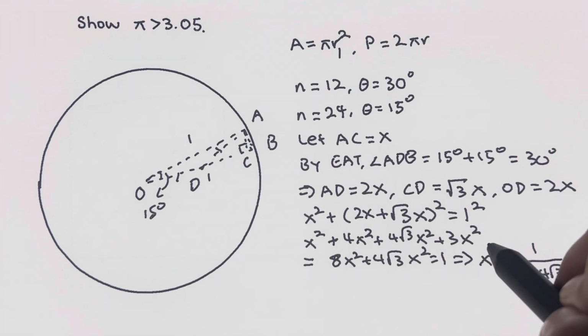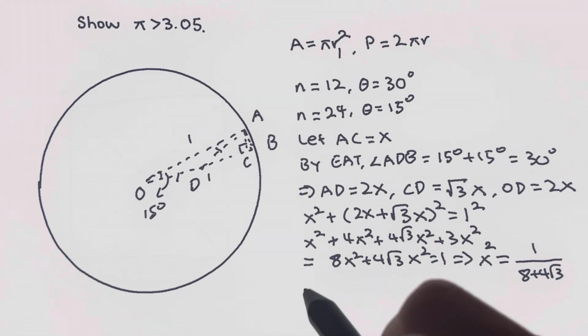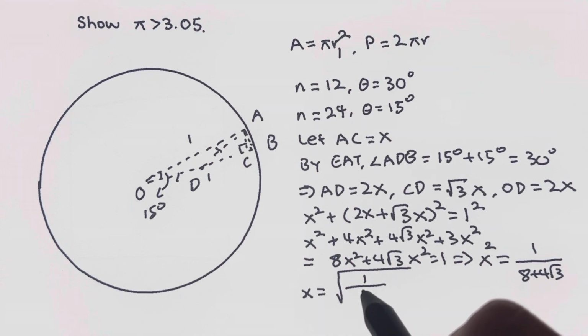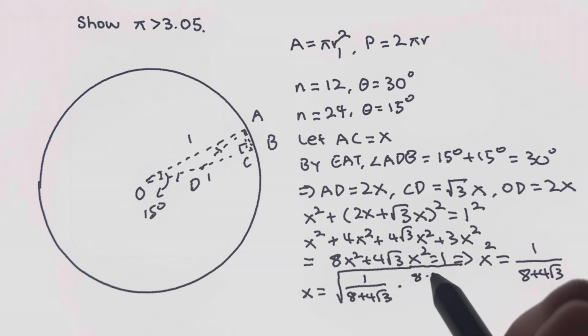And for this, we know that x squared is equal to 1 divided by a plus 4 root 3. So x is going to be the square root of this, square root of 1 over a plus 4 root 3. We can rationalize the denominator, times both sides by a minus 4 root 3.